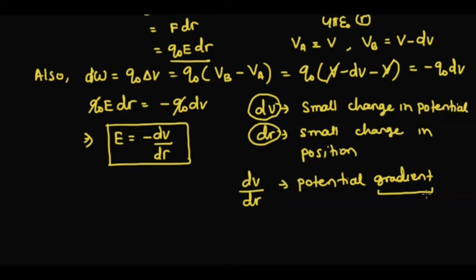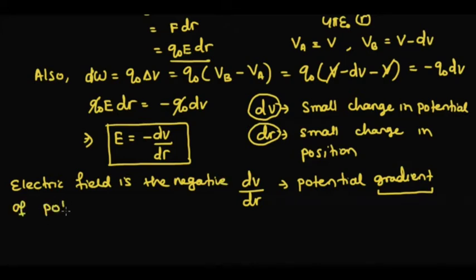Electric field is equal to minus dV by dr. So we can say that electric field is the negative of potential gradient at a given point.